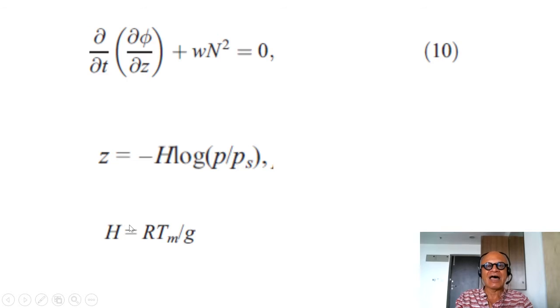H is the scale height, which is R T M over g, the mean temperature, and scale height is essentially the height over which any particular variable drops by one exponential. So you should get familiar with these concepts, because this is not a course where we are going to get into those kinds of details.